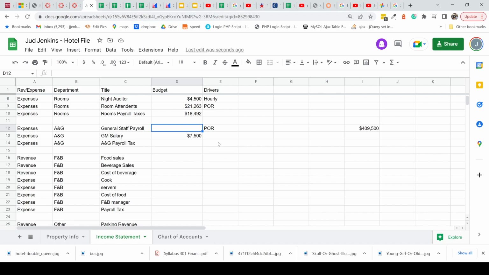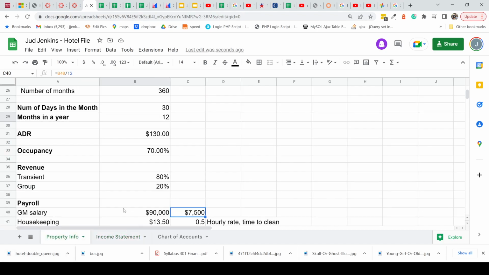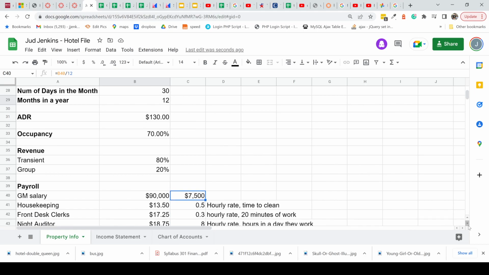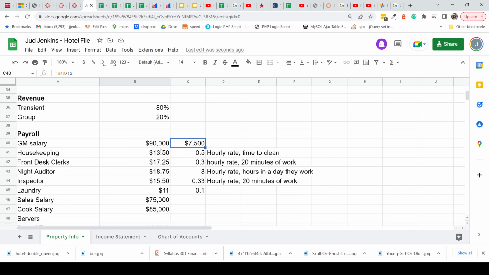That's about 0.7. So you're going to pay them, and then you're going to put 0.7 right here as the time it takes for the staff to deal with all of the guests that are in the hotel.